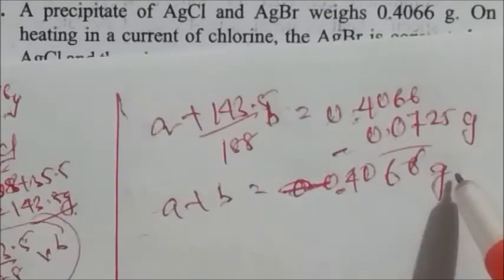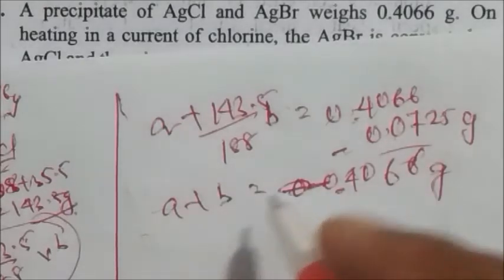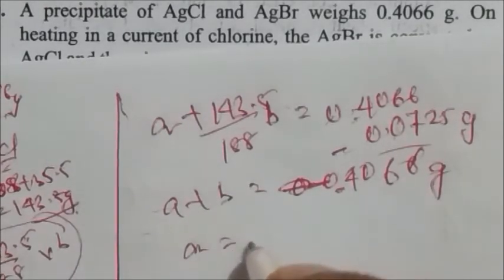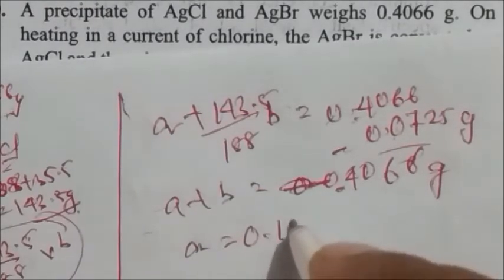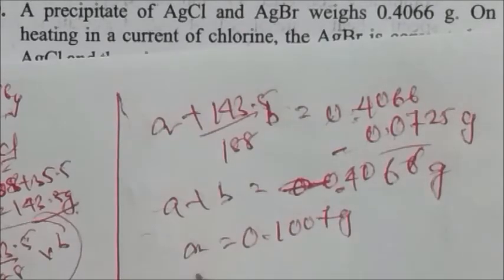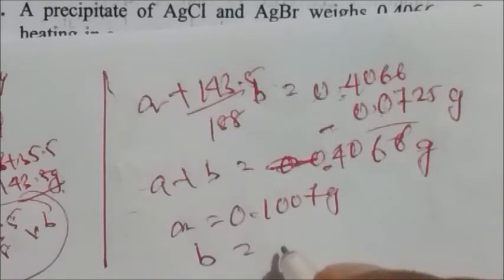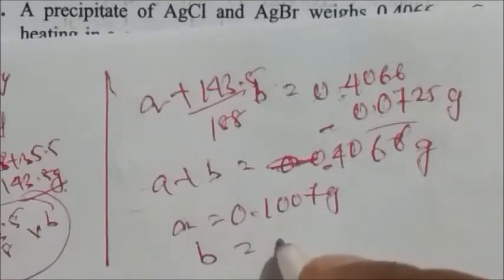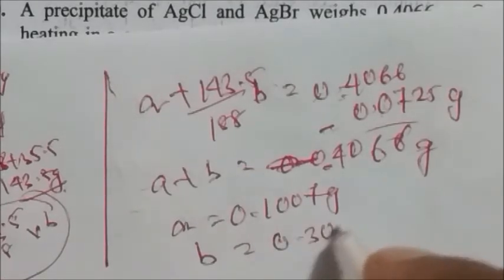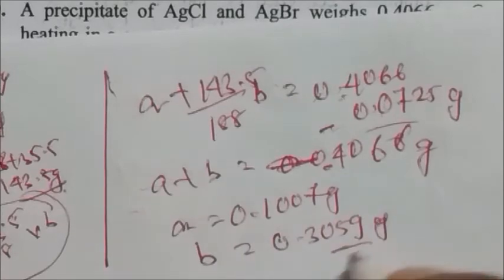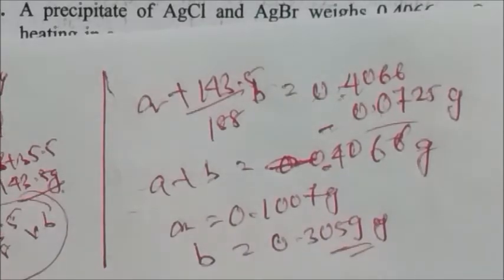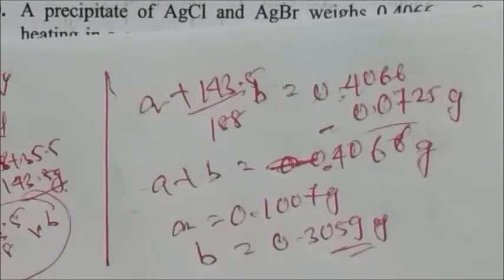Now this is a simultaneous equation. On solving it, A is 0.1007 gram, while B, by subtracting, on solving you will get 0.3059 gram.